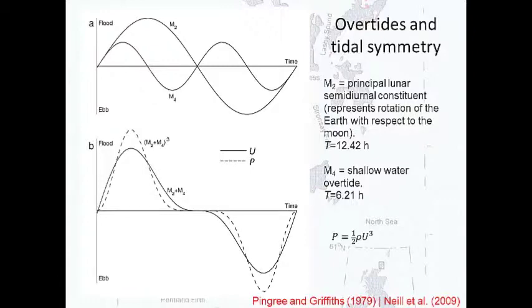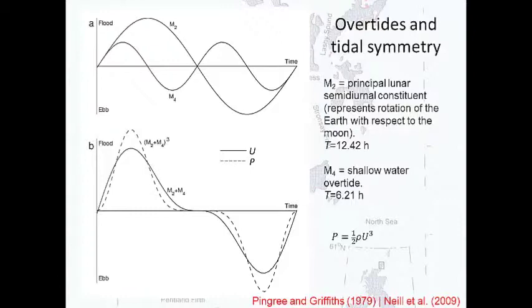So this is the flood and the ebb phase of the tide. That's the M2 constituent. That's its first harmonic, the M4. The M4 will have a lower amplitude than the M2, because the M2 is still the major source of power.